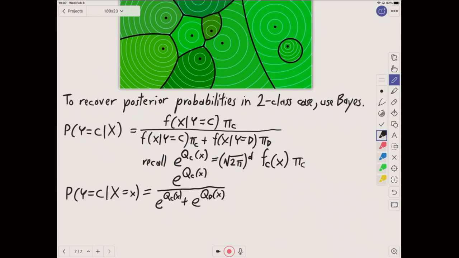So that looks maybe simpler, maybe not, than what we had before, depending on your point of view. What I'm going to do now is simplify slightly more by dividing both the numerator and the denominator by the numerator. Divide both top and bottom by e to the QC, and the top just becomes 1, and the bottom becomes 1 plus e to the power of QD minus QC.